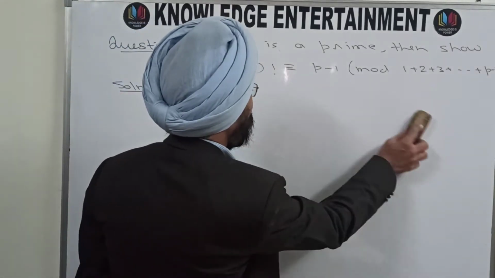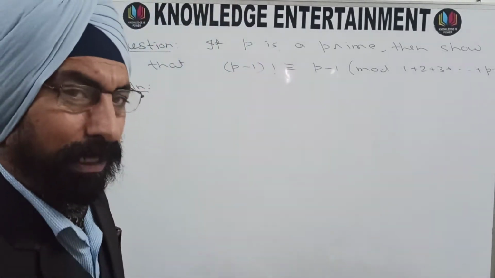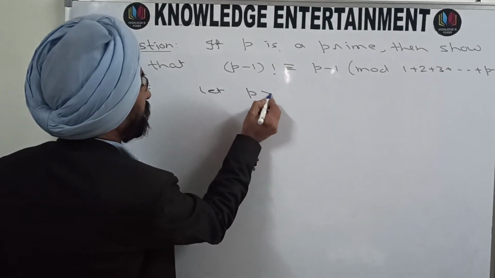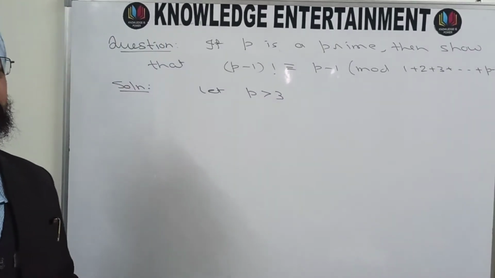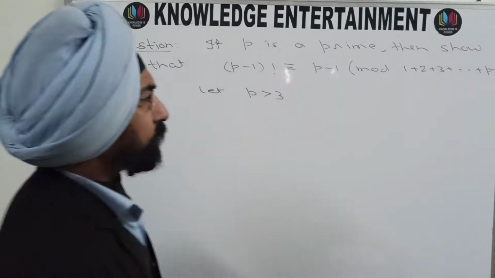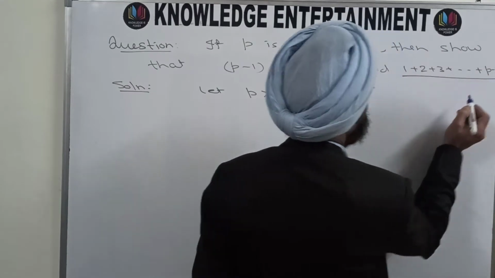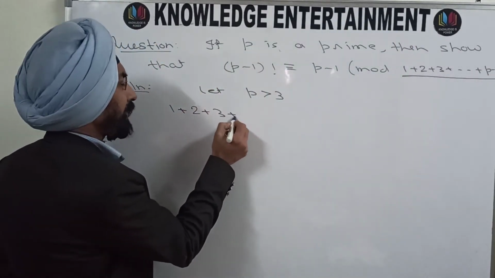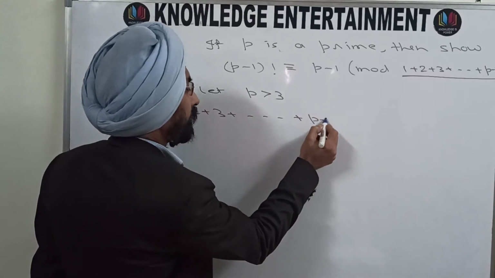That means when P is greater than 2, P is not an even prime, what will happen? So let P be greater than 3, the main case. In this case, first of all, look at this quantity, 1 plus 2 plus 3 plus up to P minus 1.